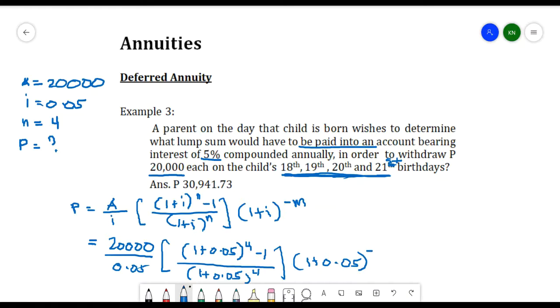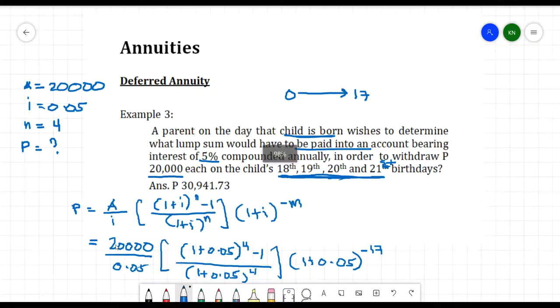Our m here is, since the child is born, from 0 to 17 years, since from 0 to 17 years there is no annual withdrawal made, so meaning to say our m is 17.